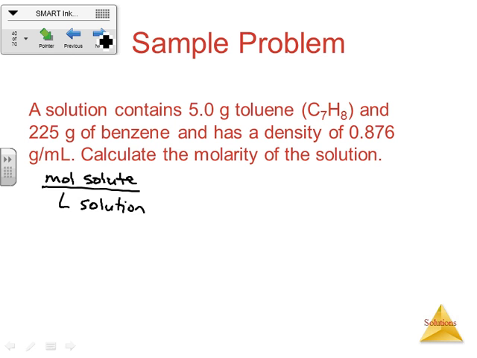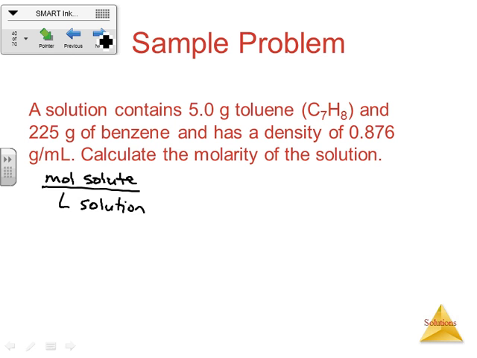So here's the thing. When you read this problem, you might be initially a little bit confused because we need to find liters of the solution, and it almost seems at first glance that they're giving us the density of the benzene. Is that what they're giving us the density of here? They're actually giving us the density of the entire solution, right?